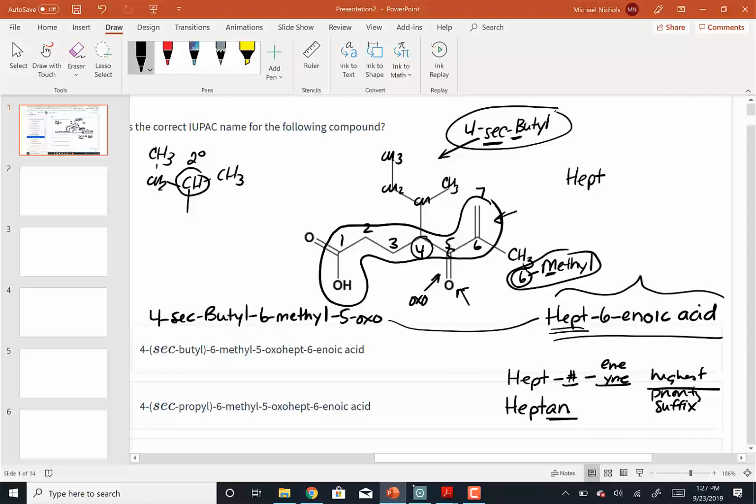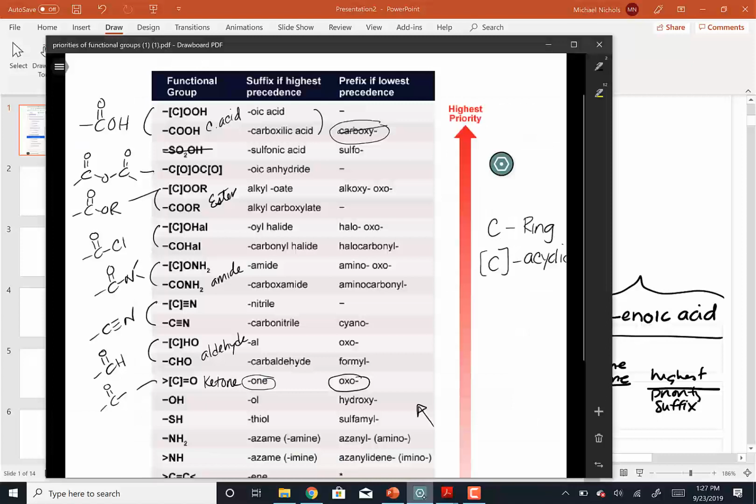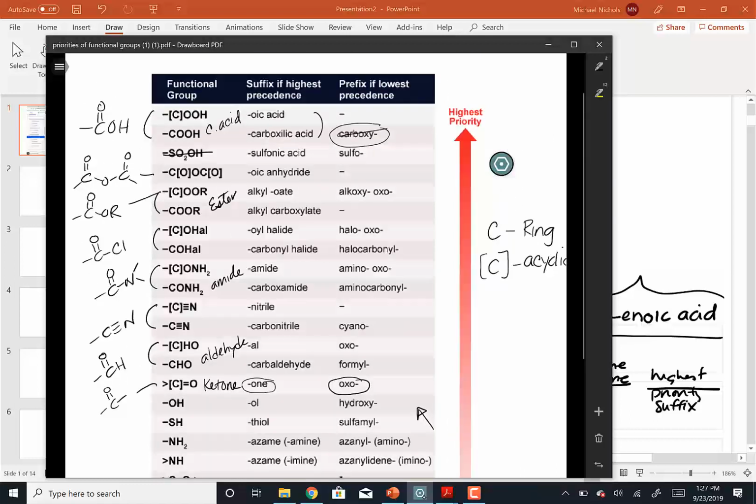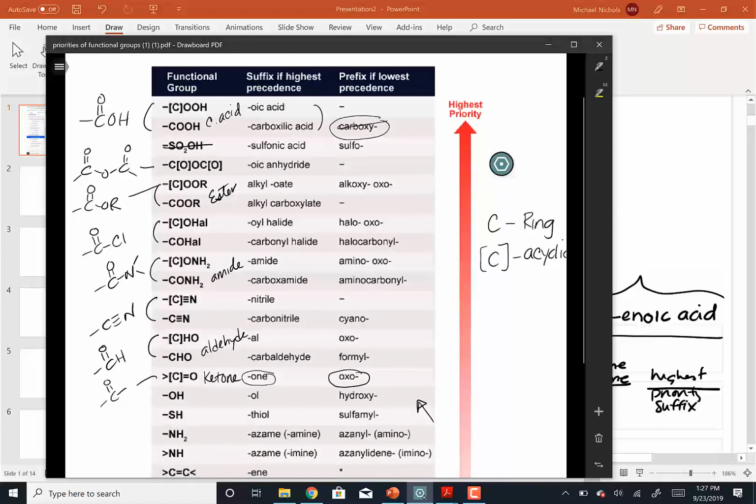On the list, there's a bunch of different prefixes, like they all have the prefix of oxo. How would you know which one it is if you're just given a name and you had to draw it? Yeah, there's lots of oxos, but that's a good question.